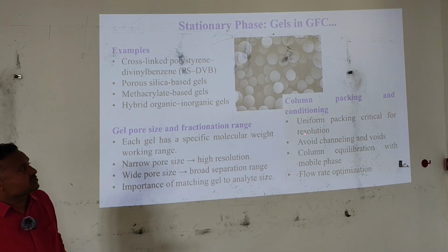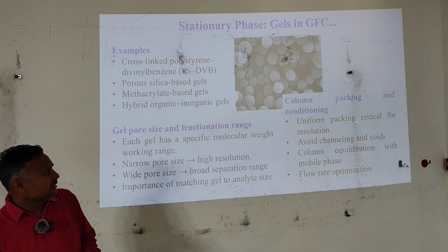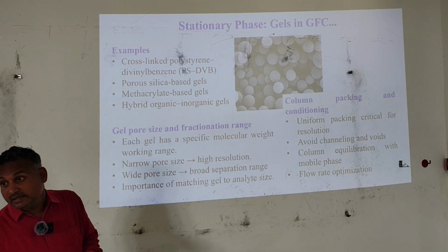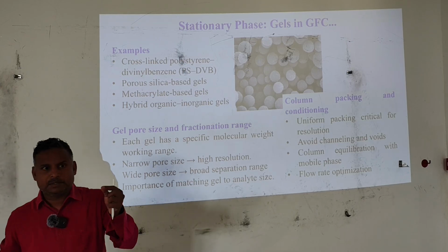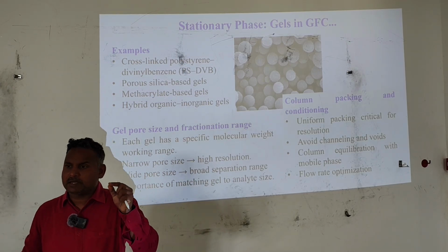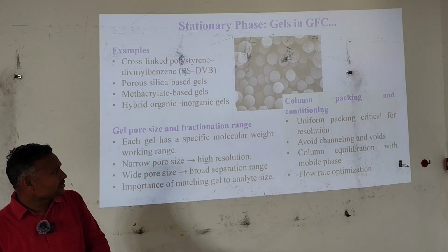Column packing and conditions: what are needed? I already told you some of the points here. Uniform packing is critical for getting high resolution. Avoid channeling and voids; that means non-uniform packing must be avoided. Column equilibration.